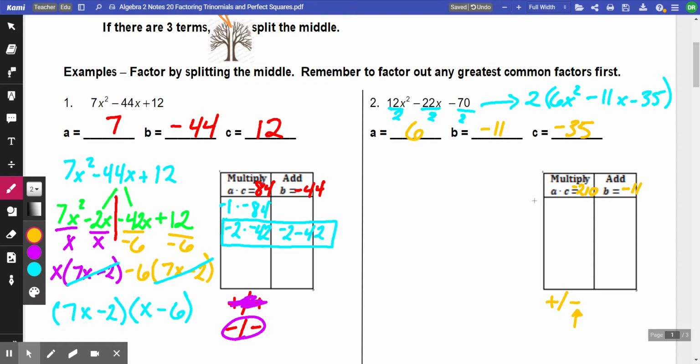So you can start listing these out. You can start with the very basic idea of 1 times -210. Pretty obvious, those will not combine to -11. So you can move on. 2 times -105. And we continue this process until we find the 2 values we have.